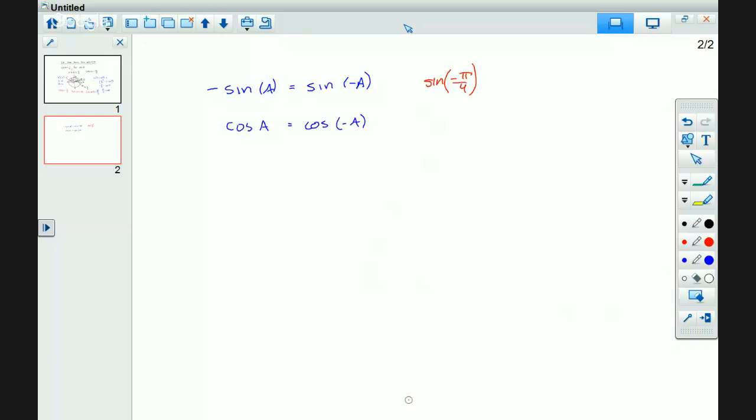The nice thing is you know sine pi over 4 is root 2 over 2, right? It's positive. This identity allows us just to take that normal one we're used to using and put a negative in front of it. Okay, so it kind of changes it into something that's a little bit more friendly.